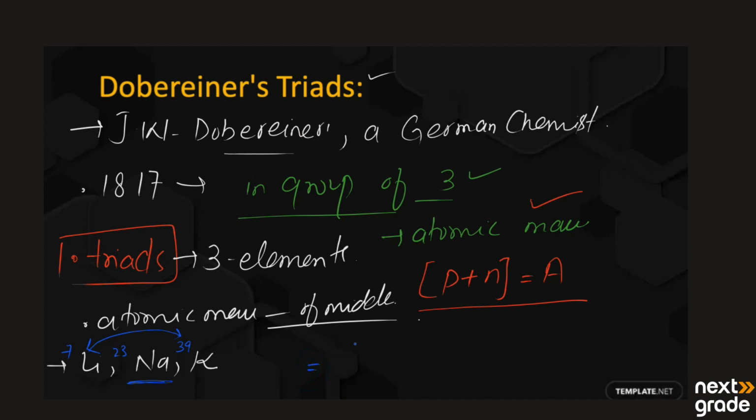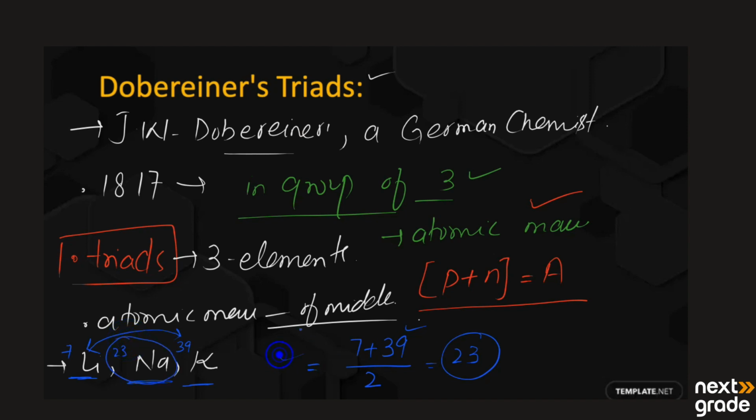Likewise, if we add 7 plus 39 and divide by 2, using the mass number of lithium, the first one, and the third one, 39, we get 23, which is equal to the mass number of sodium.